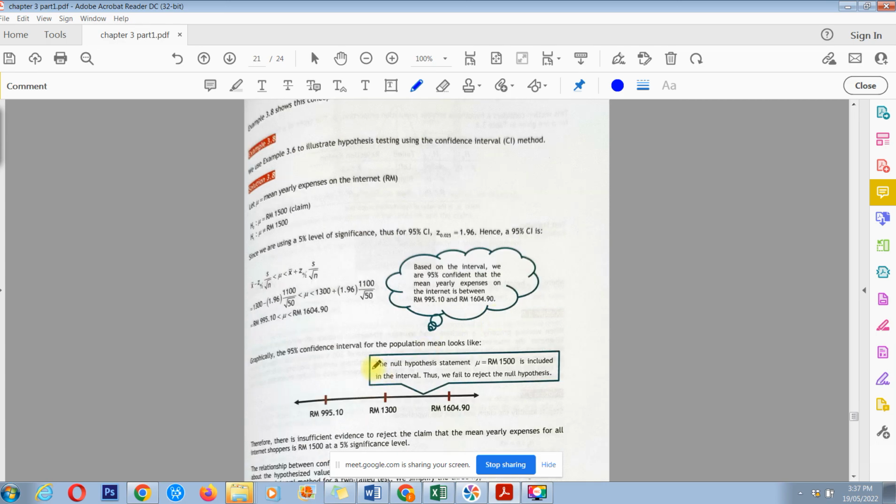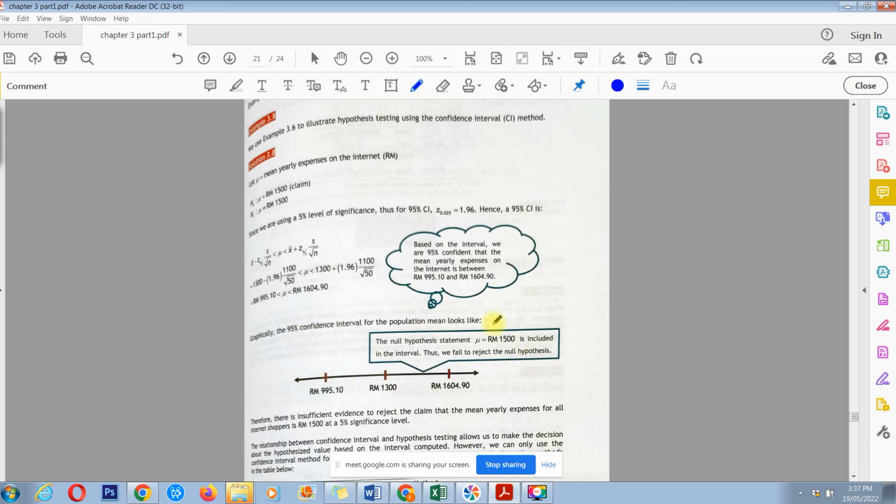Just kena illustrate dia punya interval tu. Okay, bila kita tengok dekat formula ni, kita akan dapat this interval. So, from this interval, kita tengok graphically, 95% confidence interval for the population mean look like this.